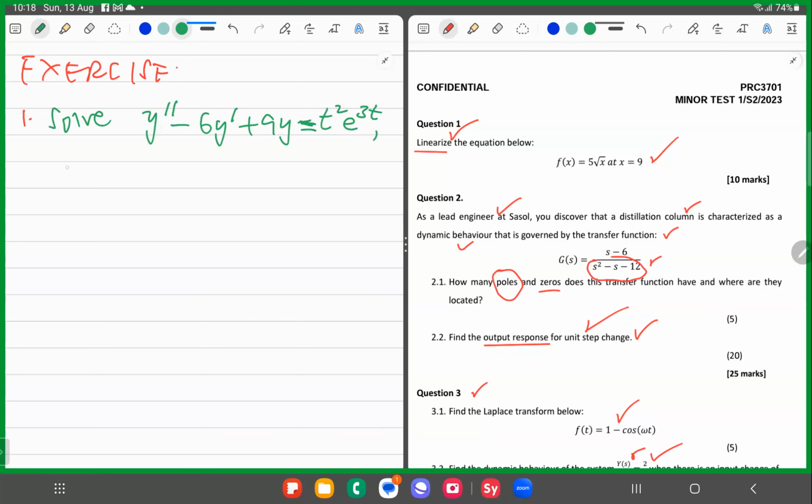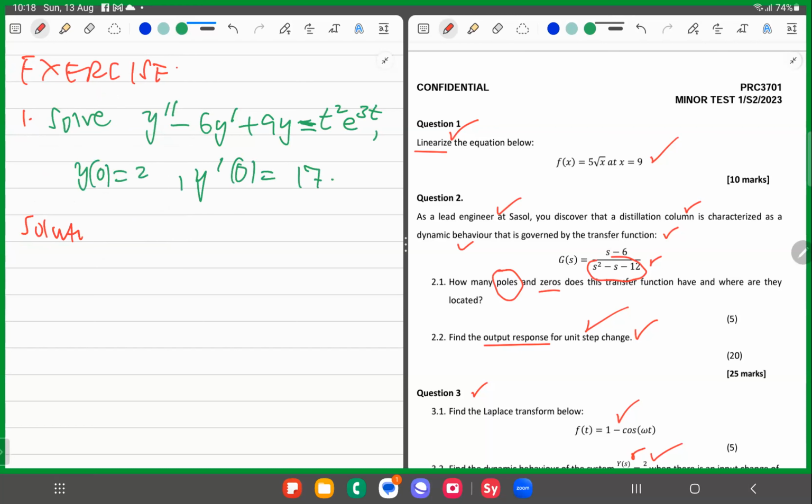And the initial values are y at 0 is 2, and also y primed at 0 is 17.